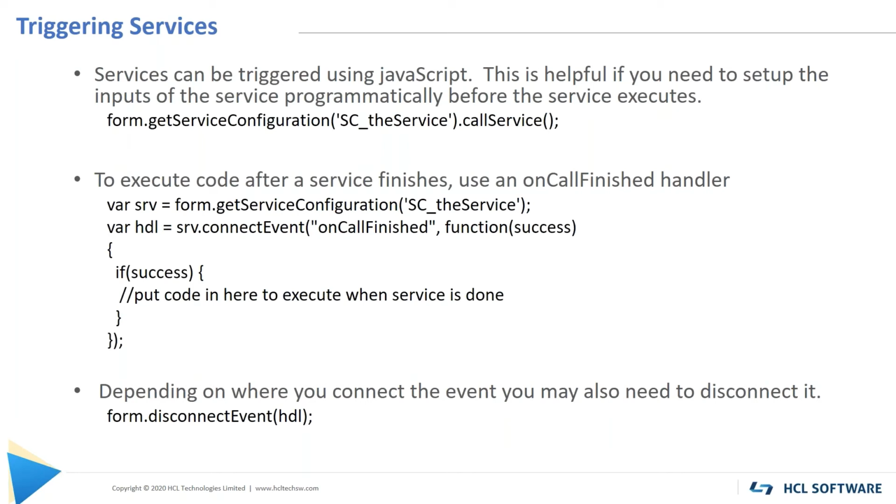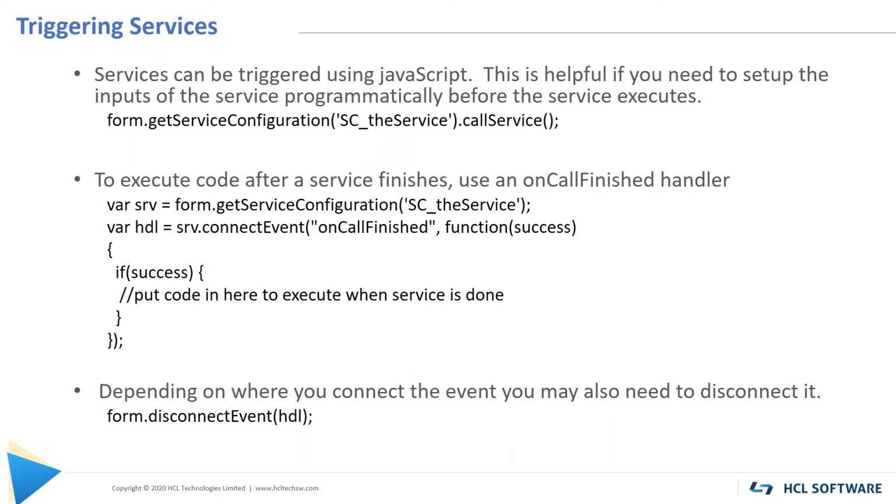And so when we talk about executing services, there's the service configuration panel, and within each item we have the ability to say, when the value of this field changes, or in this on item change event, I want to call this service. Sometimes we use services with dynamic inputs, where I might have a couple of hidden fields that are the inputs for that service, and I want to set those before I call the service.